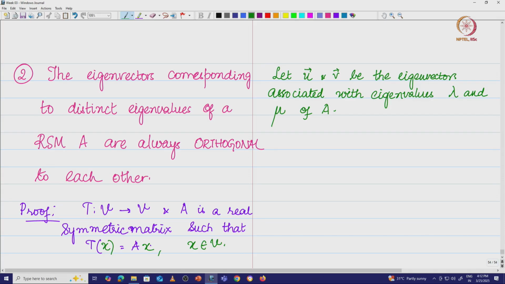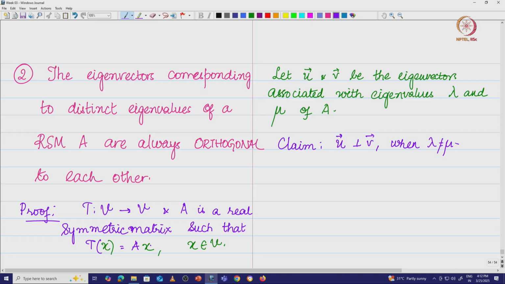Now, what do we want to prove? We want to prove the claim that u is orthogonal to v when lambda and mu are distinct, when lambda is not equal to mu.